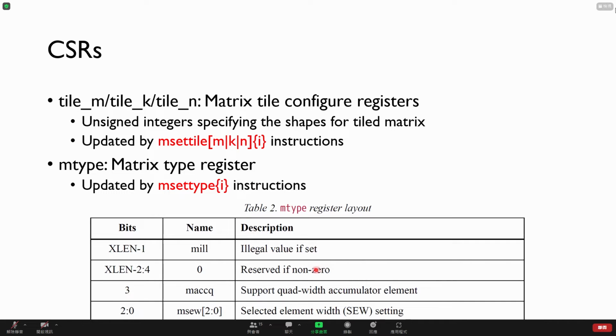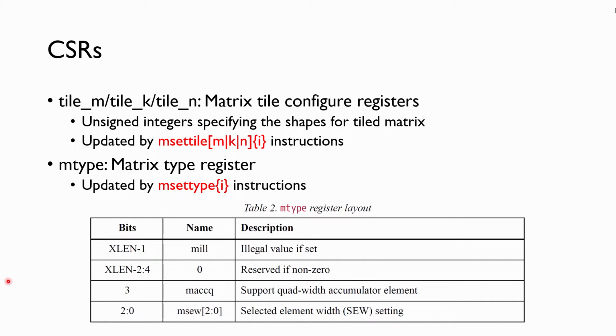Besides, the M-type CSR provides the default type used to interpret the contents of the matrix register file.